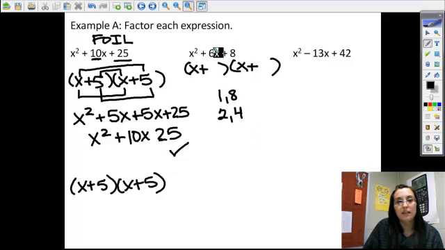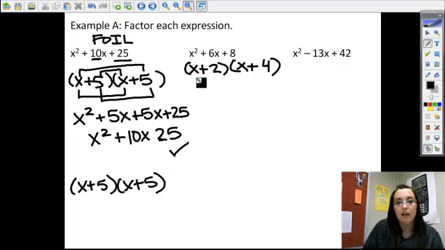Well, I need them to add to give me 6. Well, 1 and 8 would give me 9, so I know it can't be those. And 2 and 4, okay, those would give me 6. So 2 and 4 have to be my terms in my binomials.